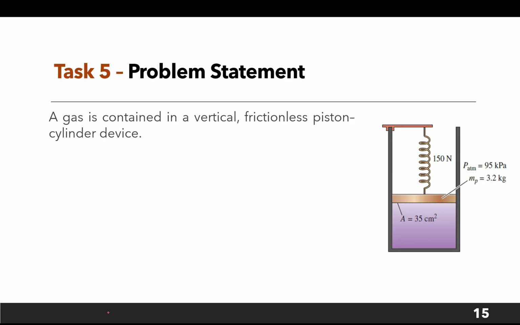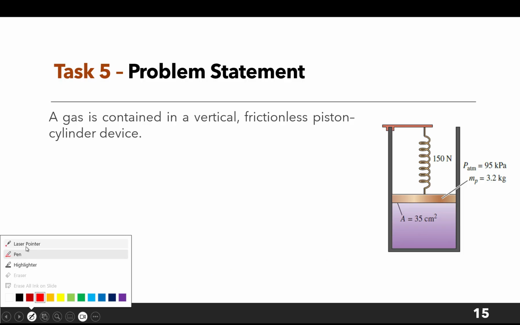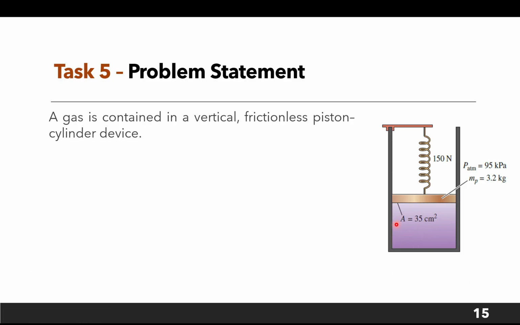Let me use this laser pointer here. We have a gas in this tank, and we have a frictionless piston, and then we have a spring connected to the piston, and also atmospheric pressure acting on the piston.